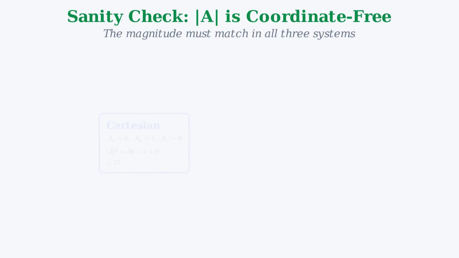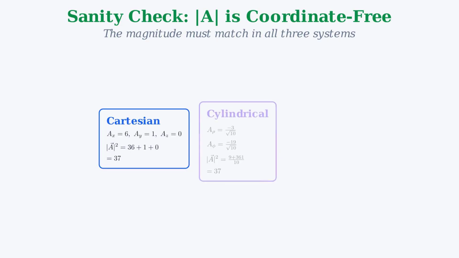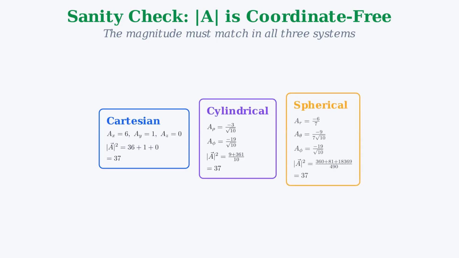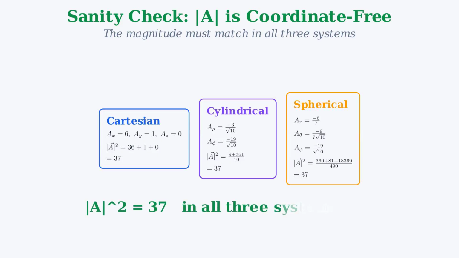Now a sanity check that any engineer will love. The magnitude of a vector is coordinate-free. It should be the same in all 3 systems. In Cartesian, 36 plus 1 plus 0 equals 37. In cylindrical, 9 tenths plus 361 tenths plus 0 equals 370 tenths equals 37.